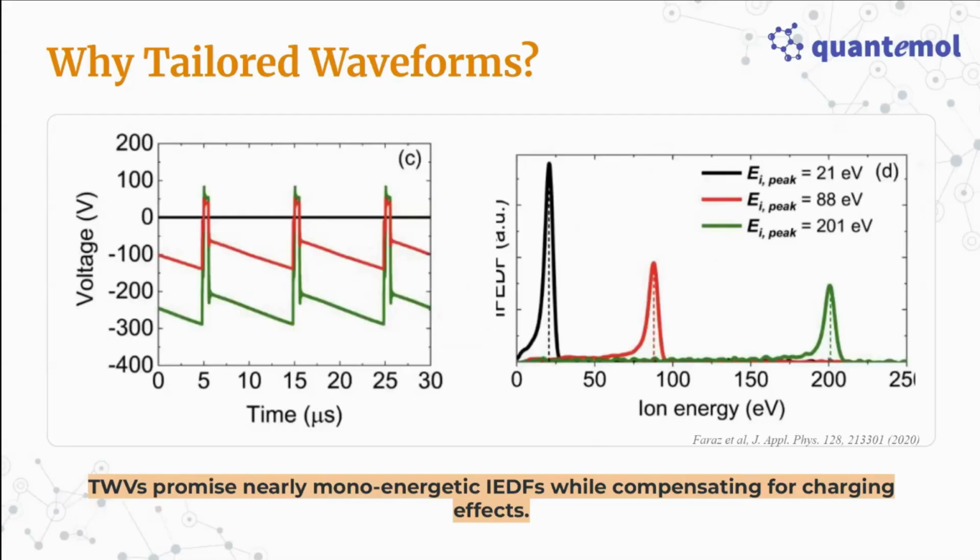And this is where these tailored waveforms come in. Typically, these are the waveforms which are used to get these nearly monoenergetic ion distribution functions. You see there, basically you have a very short positive phase to attract electrons, and then a long negative phase to accelerate the ions.